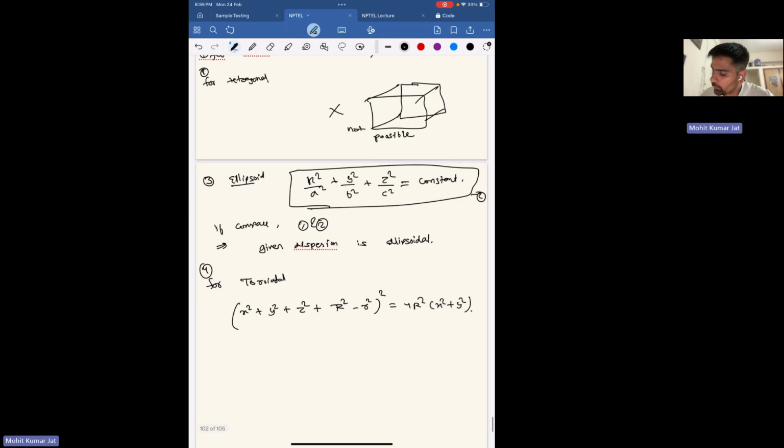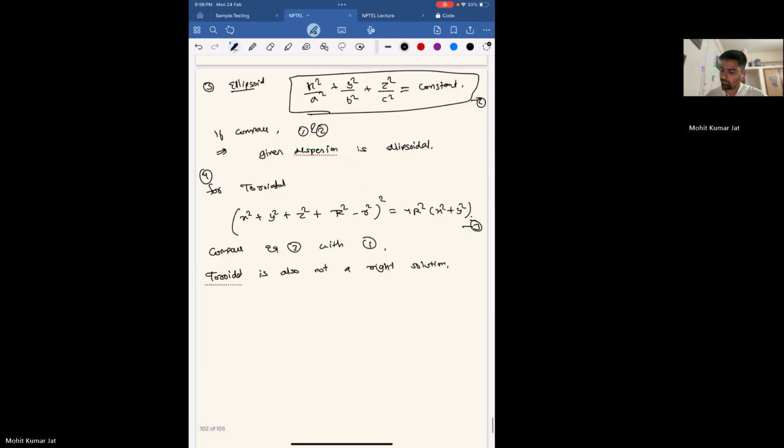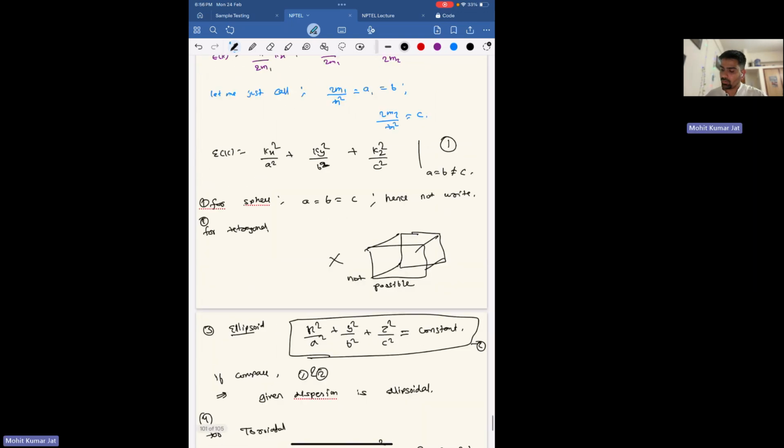So if you compare equation 3 with 1, toroidal is also not a right solution. So this is the answer for this problem.